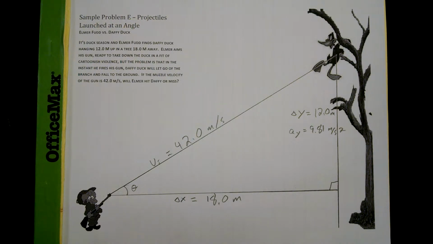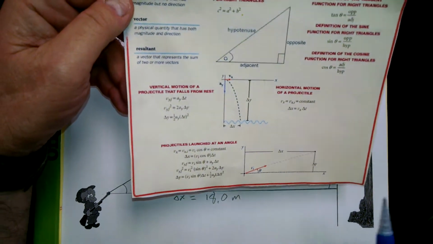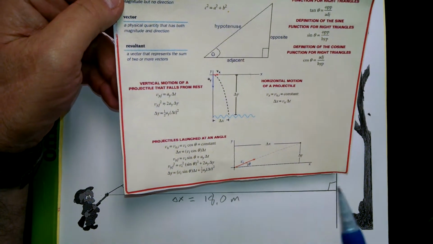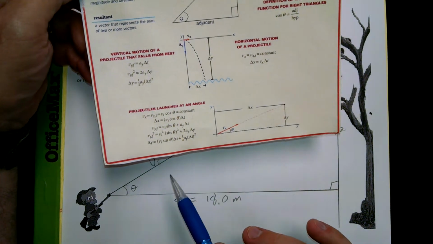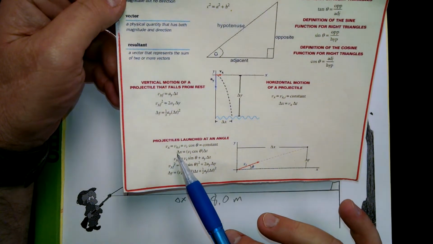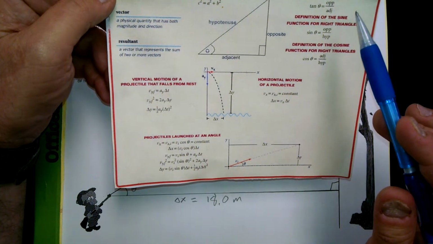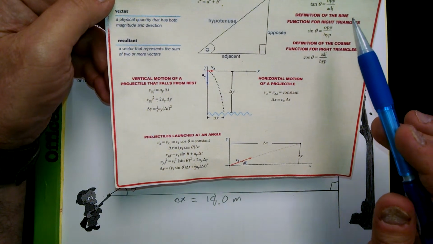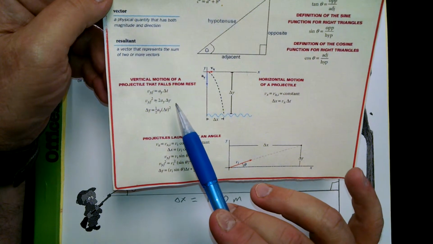Okay, so we're going to need to know a couple things. First off, we are dealing with two different types of problem. We're dealing with projectiles launched at an angle, that would be the bullet, and we're also dealing with the vertical motion of a projectile that falls from rest.